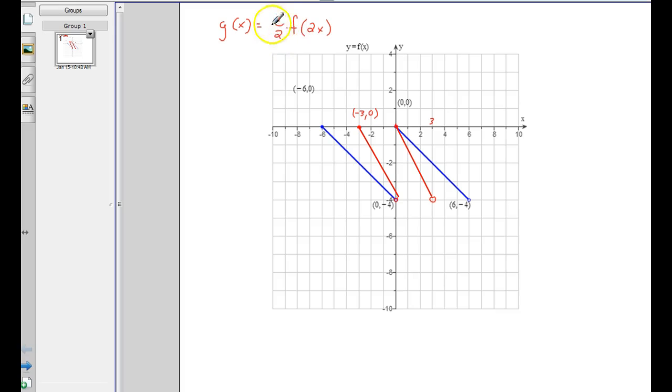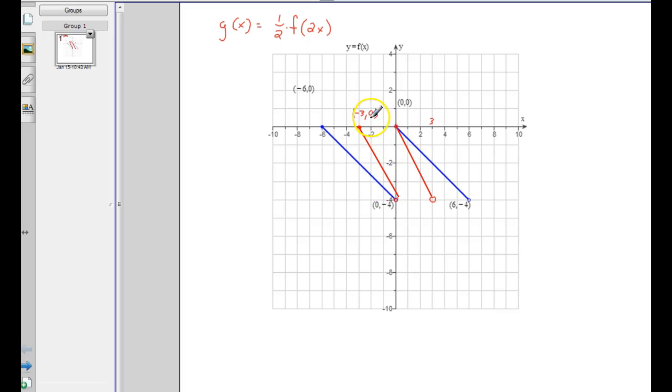Because this number is below 1, what's happening is a vertical compression. So the graph is getting tighter towards the x-axis now instead of the y-axis. Let's take half of these y-coordinates to see where this thing really ends up.